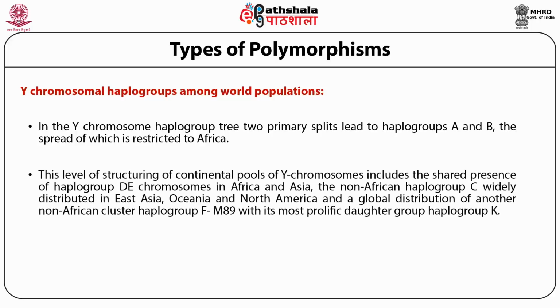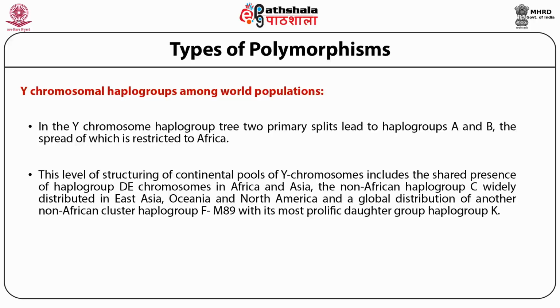This level of structure of continental pools of Y chromosomes includes the shared presence of haplogroup DE chromosomes in Africa and Asia, the non-African haplogroup C, widely distributed in East Africa, Oceania, and North America, and a global distribution of another non-African cluster, haplogroup F M89, with its most prolific daughter group, haplogroup K.